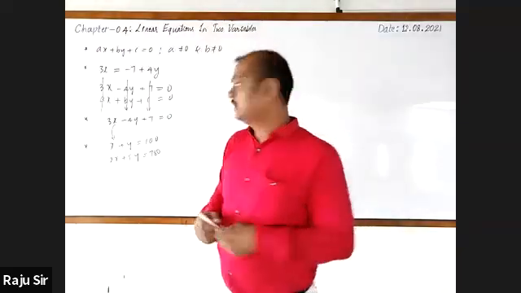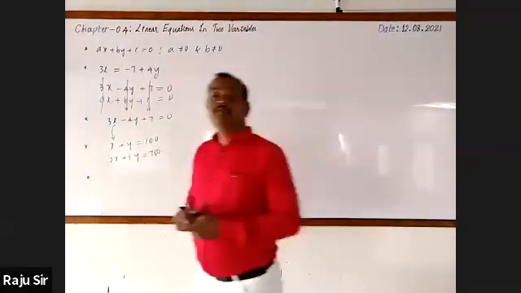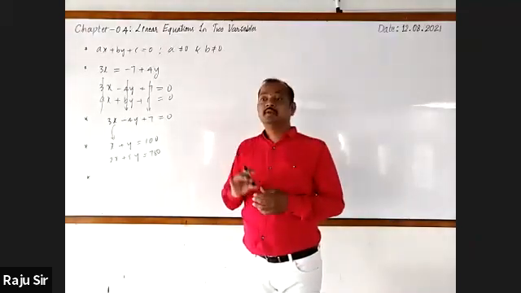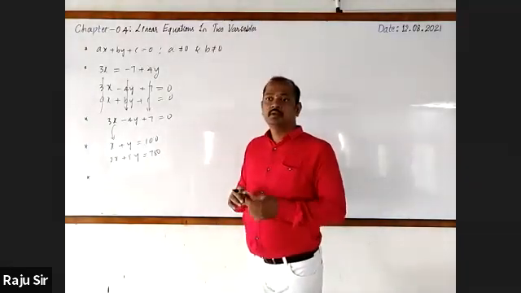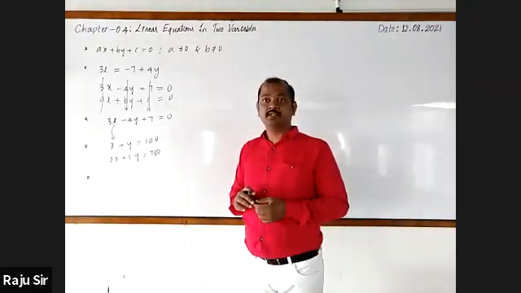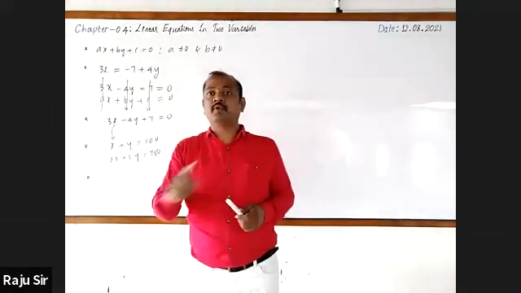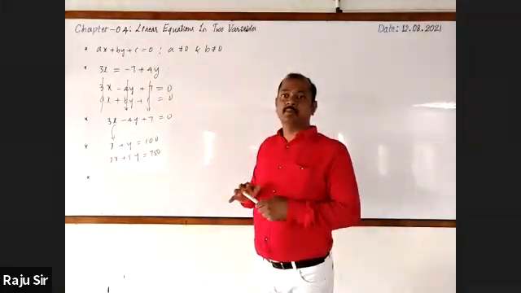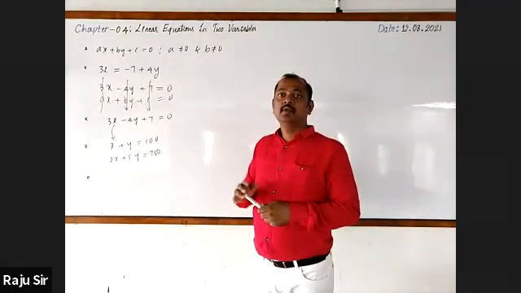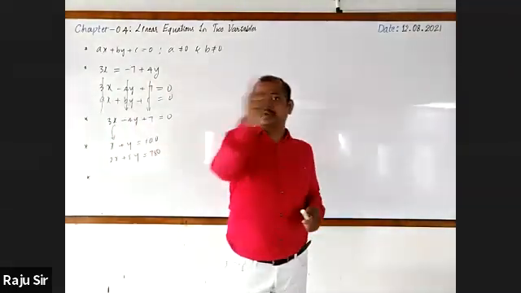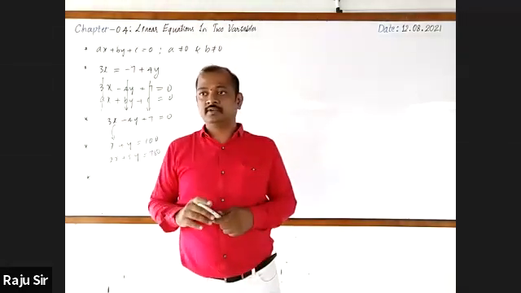Got it? Then after that, we have drawn the graph for some of the equations, right? Could you tell what is the nature of the graph of linear equations in two variables? A straight line, sir. All the time we'll get a straight line.